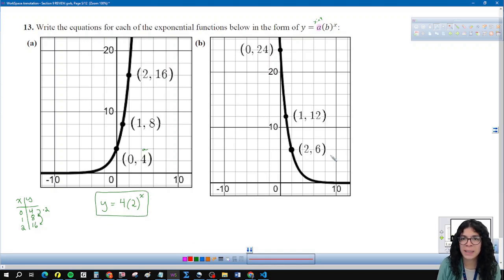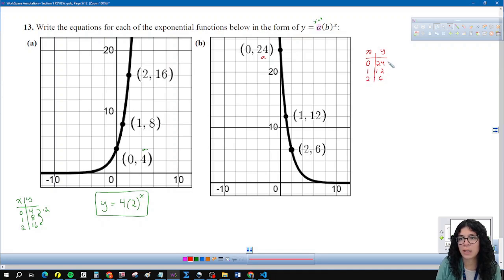Right, on part B, I can do a similar thing where I look at the y-intercept, which is 24. So my a value is 24. And then I can make a table of values. So 0, 24, that's my a value. And then at 1, we have 12. And then at 2, we have 6.